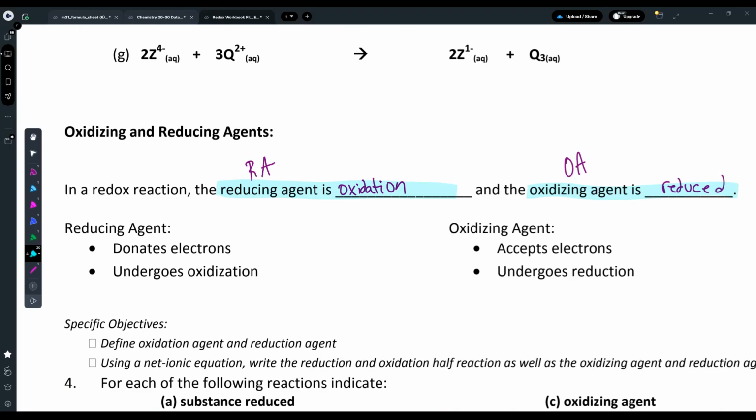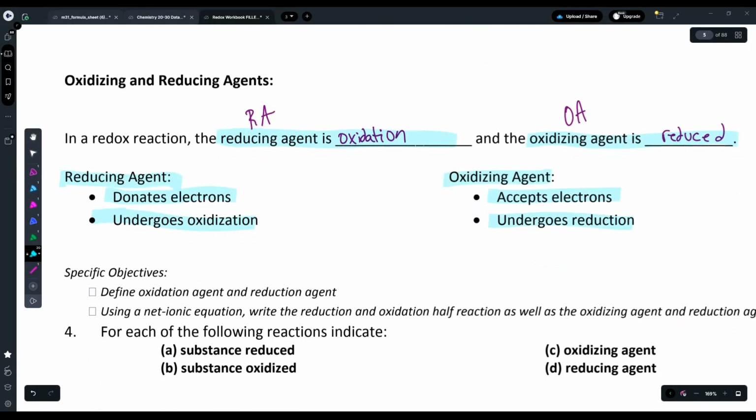A reducing agent helps something else to be reduced, but it itself undergoes oxidation. An oxidizing agent helps something else to get oxidized, but it itself gets reduced in the process. So very important that you know what each of these do.